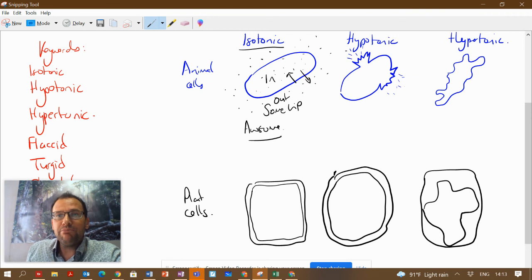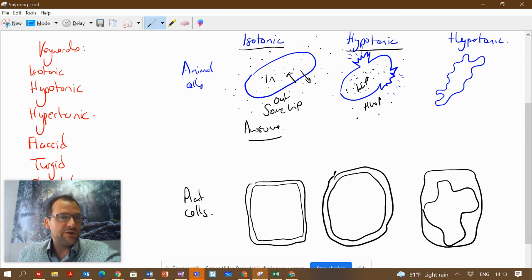As soon as we put it in a hypotonic solution, this means now that we have a higher water potential outside the cell, so there's a lower concentration of solute. For example, you would put this cell in distilled water, so we have a much higher water potential. Water rushes in through the membrane.